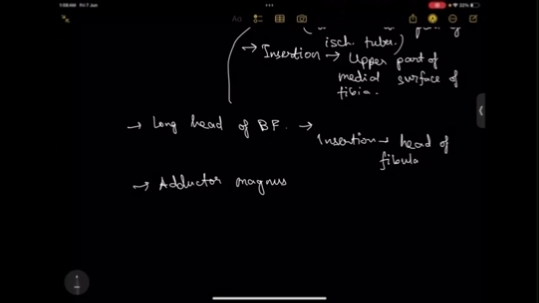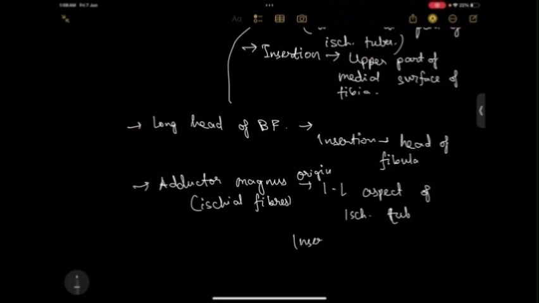Now we don't write the inferolateral aspect of the ischial tuberosity since we are talking about the ischial fibers. This is the origin. And where is it inserted? It's inserted into the adductor tubercle.